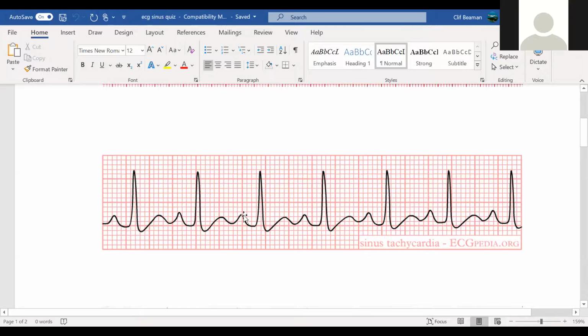All right. So these P waves, that's a P wave where the cursor is. Can you guys see my arrow? Yes. That's a P wave. That's a P wave. That's a P wave. So from the beginning of the P wave to the beginning of the QRS, how many boxes would you say?